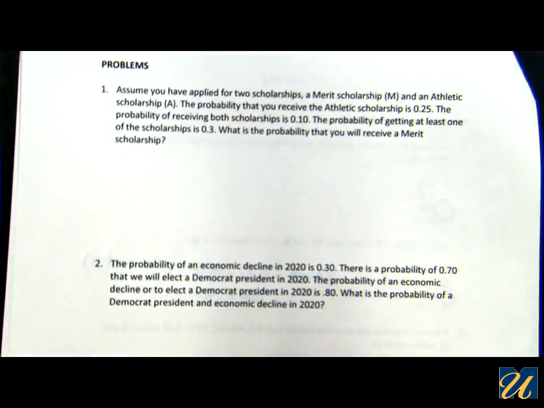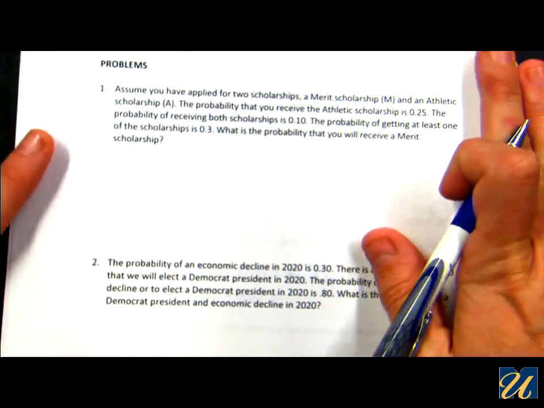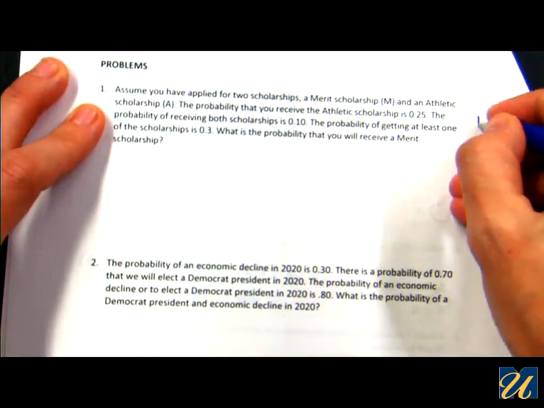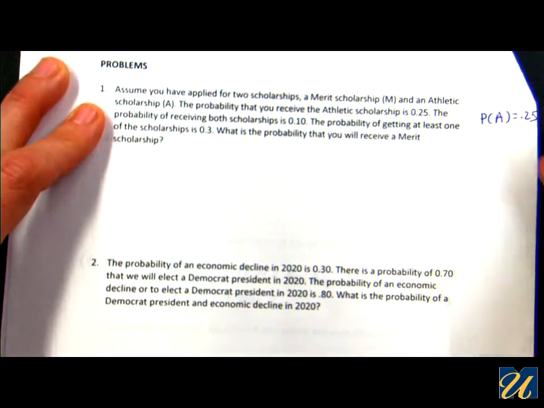Let's look at these problems. Assume you have applied for 2 scholarships, a merit scholarship and athletic scholarship. The probability that you receive the athletic scholarship, P of A, is equal to 0.25.